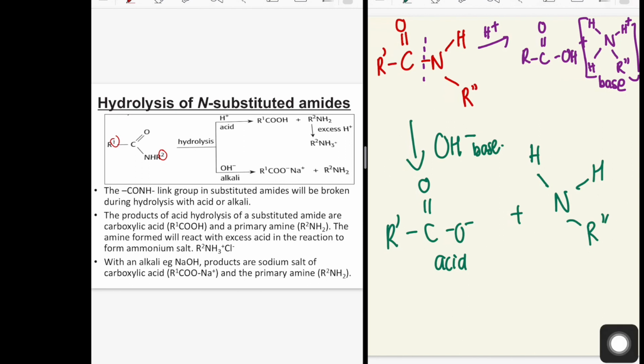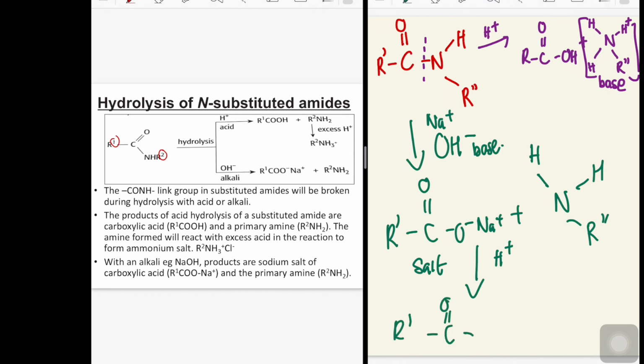Depending on the type of base that you use, if you use sodium hydroxide, then you will have the counter ion Na plus. So you get what we call not an acid but a salt, plus a primary amine. How do you change the salt to your carboxylic acid? You just add H plus, but in the later step, because this is a two-step process. Easy. That is how you convert your ionic salt to your carboxylic acid.